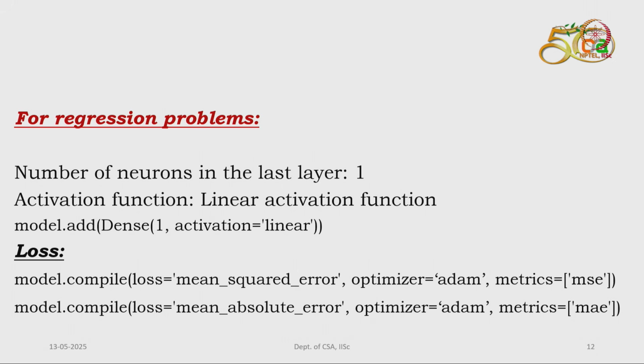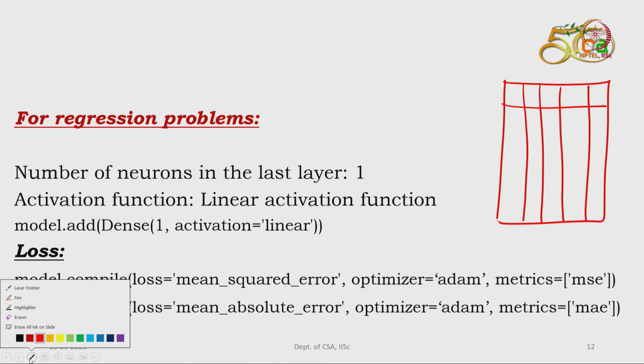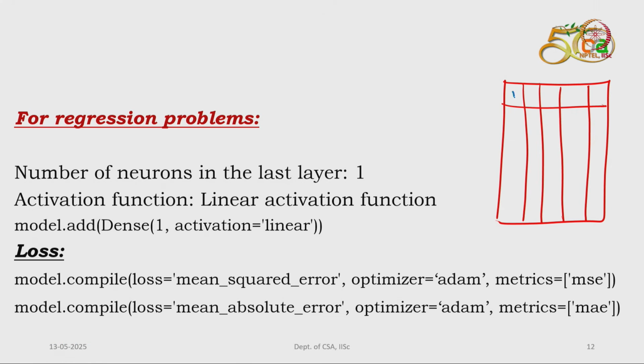Let us assume we have one data set with 4 features: the first feature, second feature, third feature, fourth feature. Because there are 4 features, our input dimension will be 4.